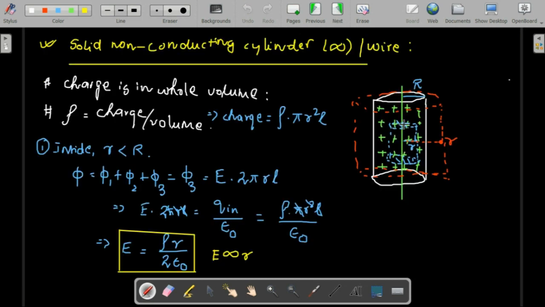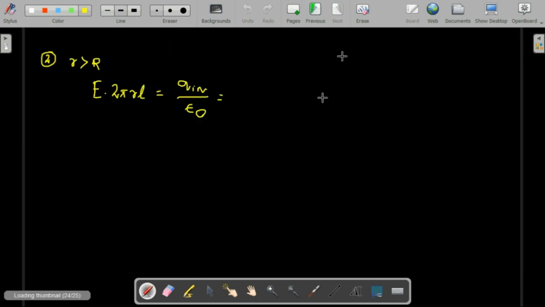Previously this small radius r enclosed the charge that was actually in the Gaussian surface, but now we have this small r which is outside, or greater than capital R. It cannot have a charge which is more than whatever is enclosed by the inside cylinder, because this is an imaginary surface, this does not have any charge. So this will enclose this entire charge. This time you don't have to take small r, you have to consider capital R when you take the volume. This is the main, very important part here.